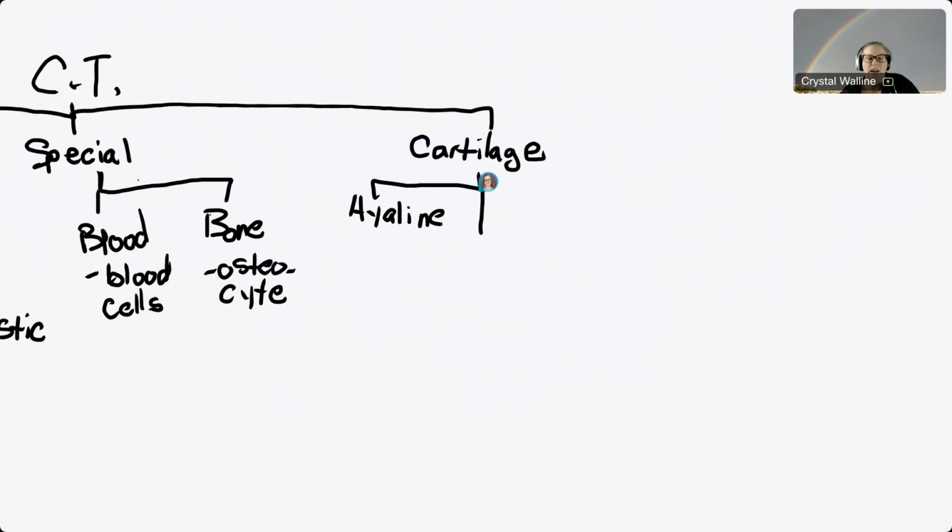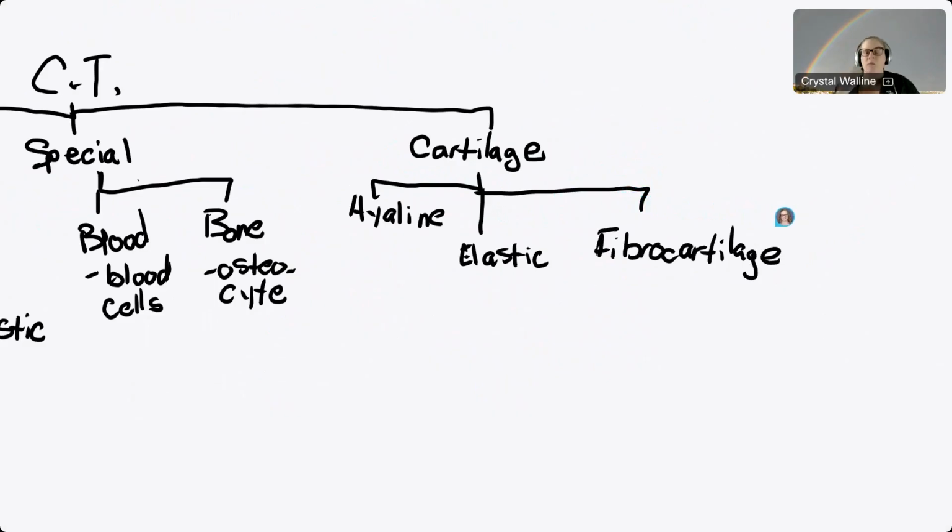And we have a second type called elastic cartilage. And then we have a third subtype called fibrocartilage. We'll see some examples of these in a bit.